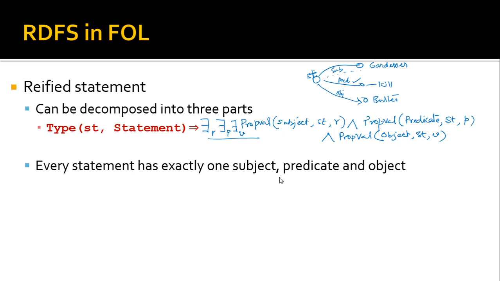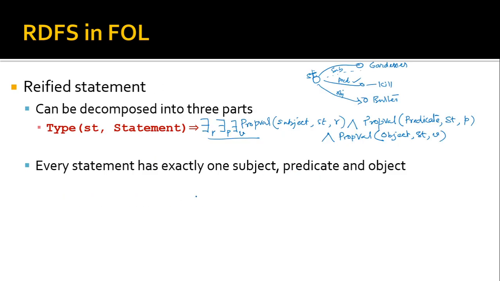We have discussed this already, right? So how do you ensure that a particular value for a given subject and predicate is unique? So you can use functional property. You can say that subject is a functional property, predicate is a functional property, and object is a functional property.